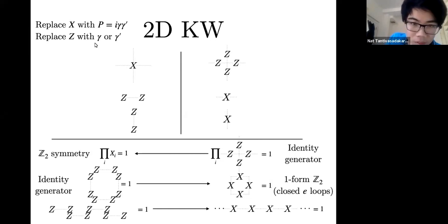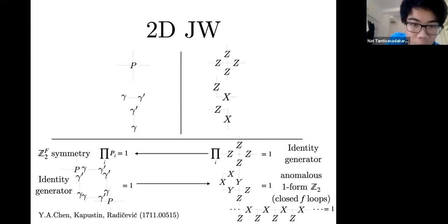Now I have a 2D lattice with fermions, where I have a fermion parity, and I have hopping of fermions given by these Majorana operators. And similarly to spins, P gets sent to a vertex term of Z's as usual.